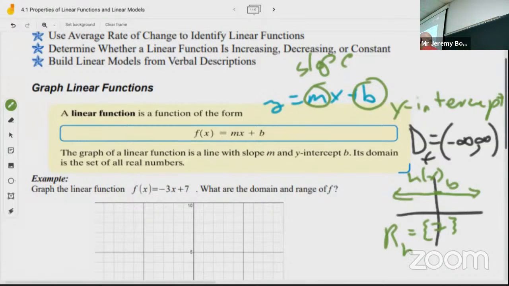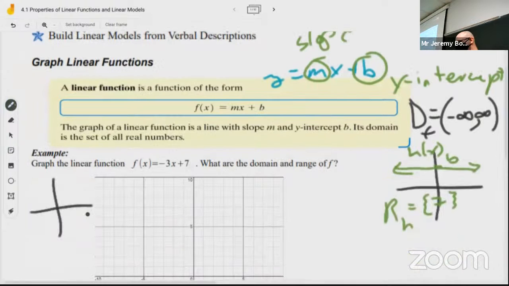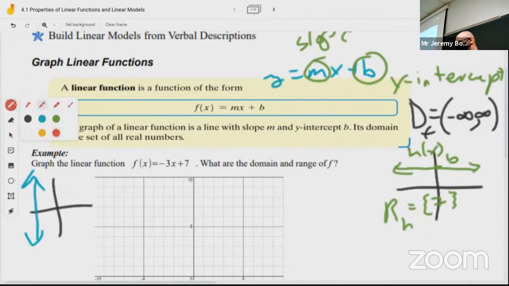Question I've got for you is, what type of line is not a linear function? A vertical line. Why is it not a linear function? All the x values are going to be the same. Yep. So if you have a vertical line, boom, boom, boom. It fails the vertical line test, right? You draw a vertical line and it intersects every single point on it.